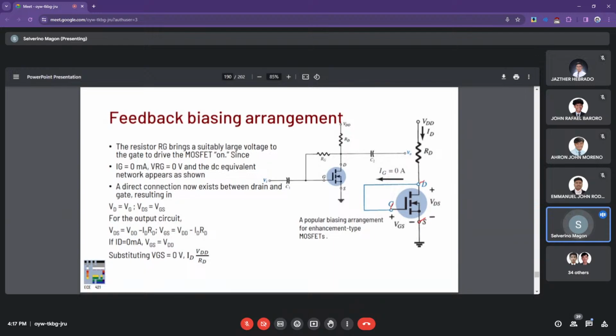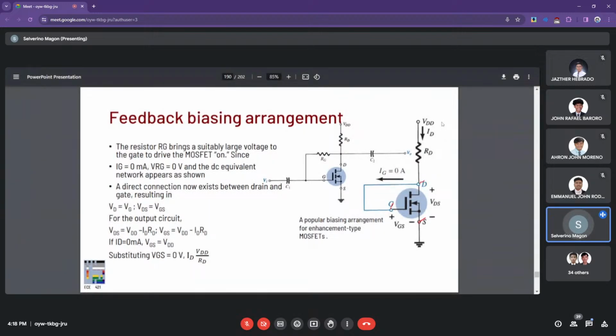That's the convenience of drawing upon this idea that when you have zero current going through RG, because by definition IG is zero, it is a high impedance device, we can assume that the voltage drop across RG is also zero, and that VD is equal to VG. So it's kind of the same thing, right? So we'll just proceed with the analysis of the output circuit.